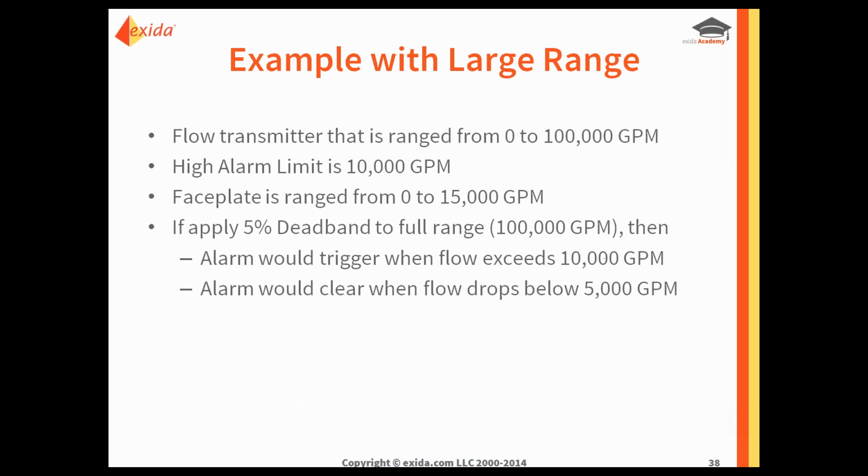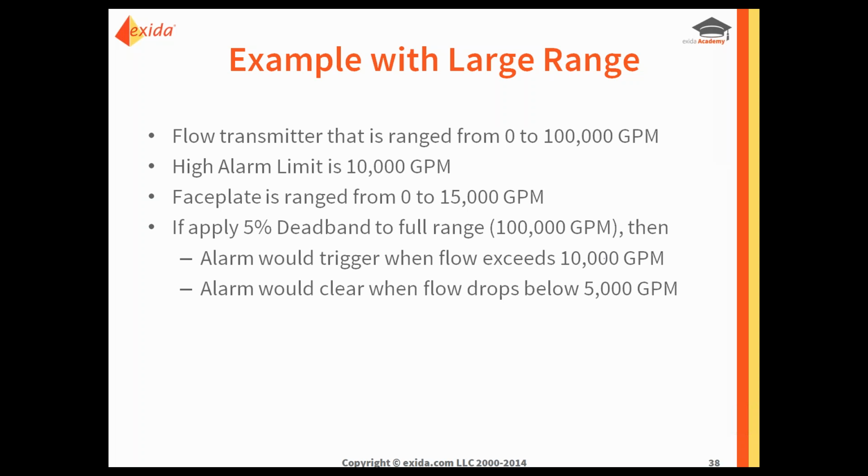Here's an example. Let's say we have a flow transmitter whose range is 0 to 100,000 gallons per minute, and because it's a flow, we're going to apply a deadband of 5% to that 100,000 range. But we have a high alarm that's configured at 10,000, and the configuration range in the DCS is 0 to 15,000.